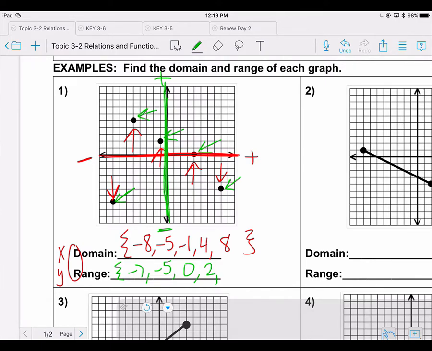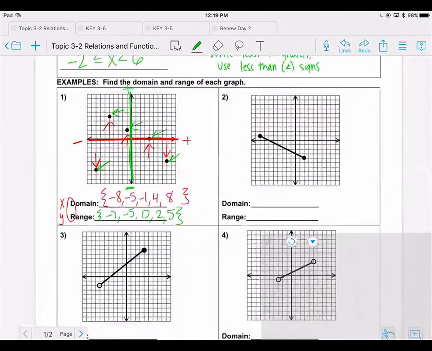This one is at a +5 because it also goes up. If you want, you can write a table out to the side to write out all of your points and then rewrite your domain and range. Remember, we don't do repeats. So even if it is repeated, we do not repeat it.